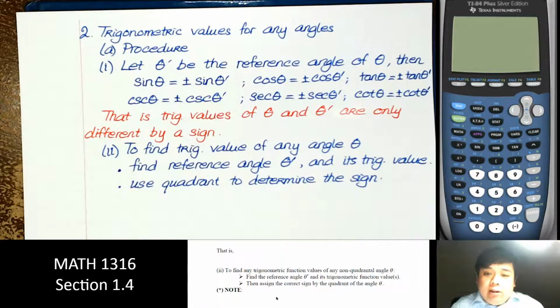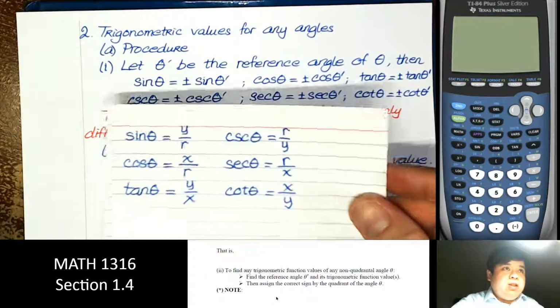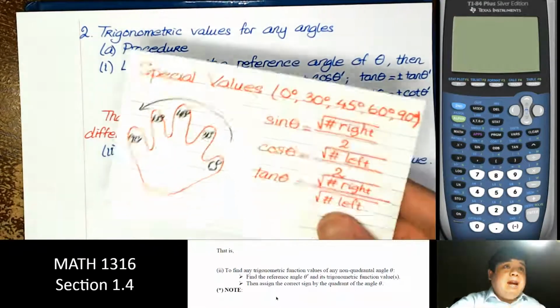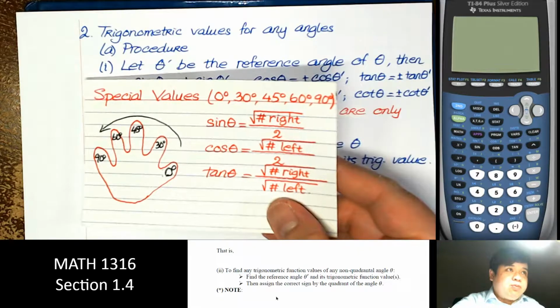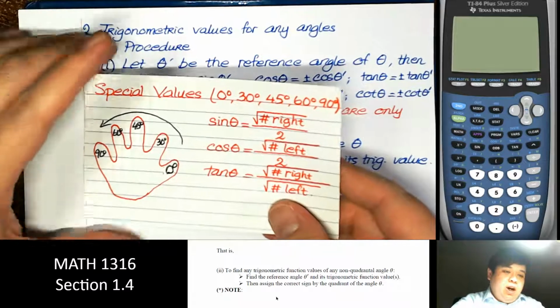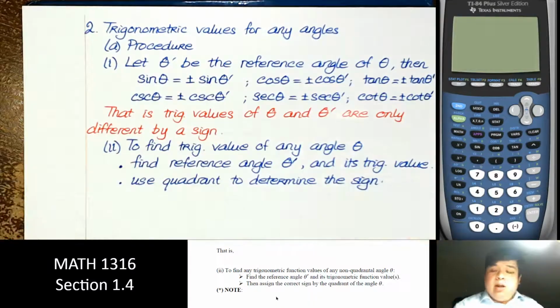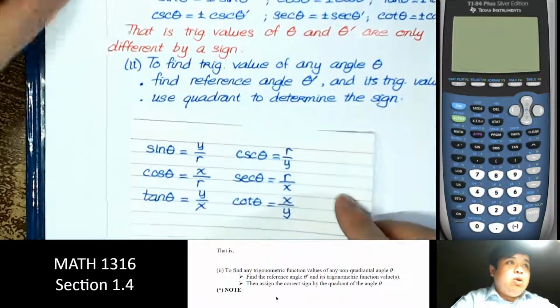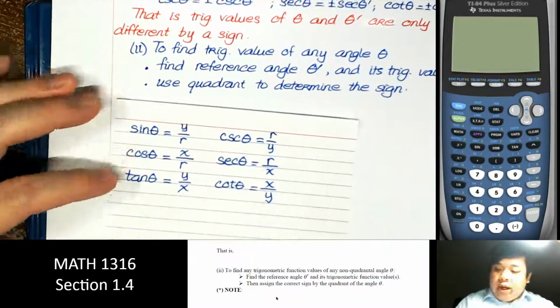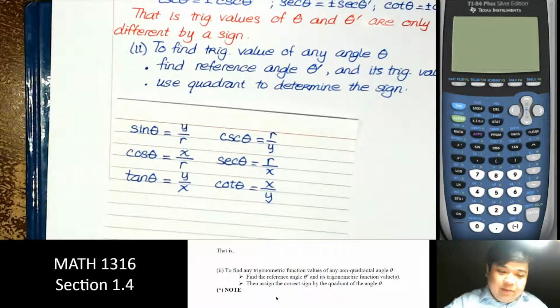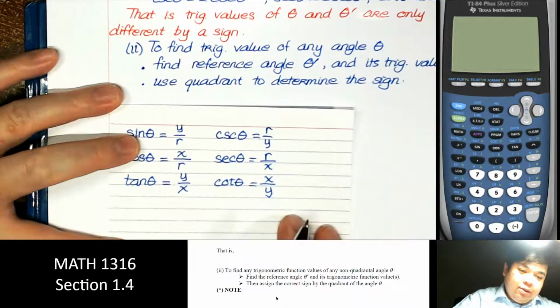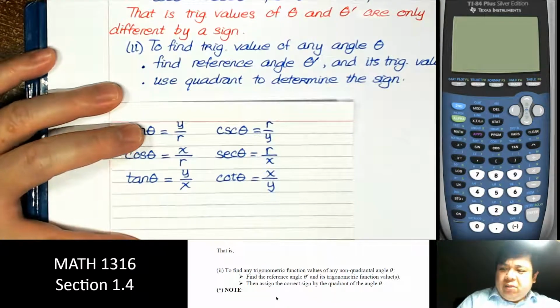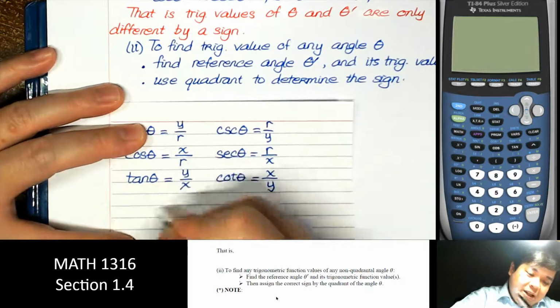Right. So let's review. What we have is the definition of the six trig functions, right? And then after that, we have this hand trick to find the special values of these angles. Right. So how do we determine the sign? Actually, we did this last time, so I will write that on this quick reference card. And it's not really anything big.